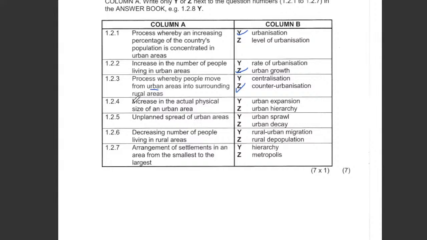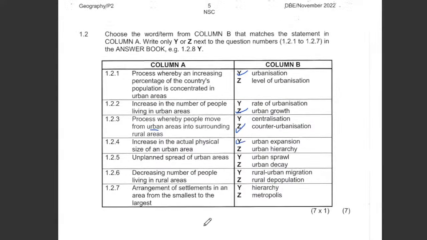Okay. Increase in the actual physical size of the urban area is urban expansion. Okay. Unplanned spread of urban area, urban sprawl.